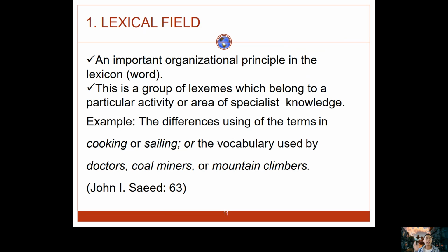This topic determines what vocabulary we use, because in life the vocabulary differs depending on where we are. If we are going to the hospital, our vocabulary will be different from when we are going to the mountains, like that.